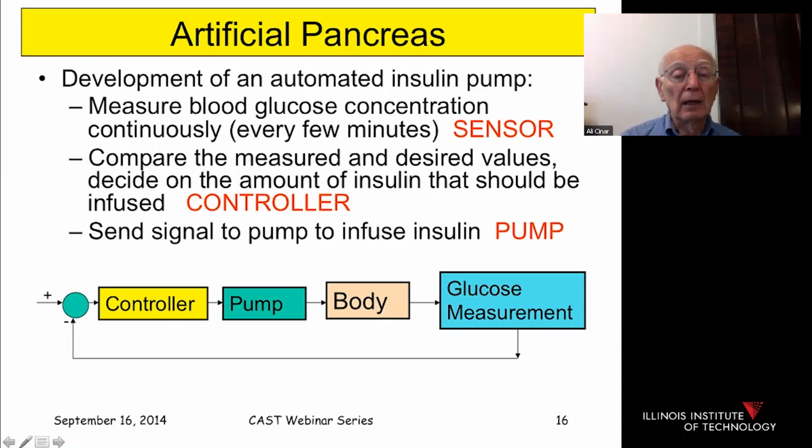And then the controller was really the patient himself or herself to figure out how much insulin to deliver, and that insulin was injected a few times a day.